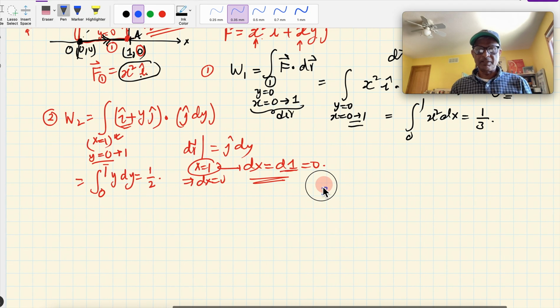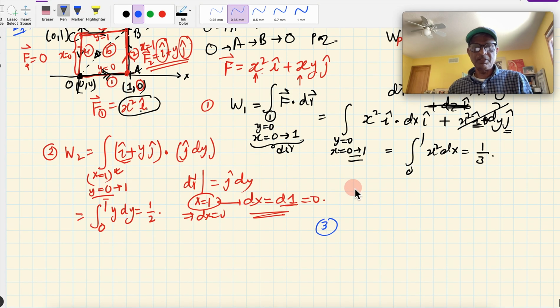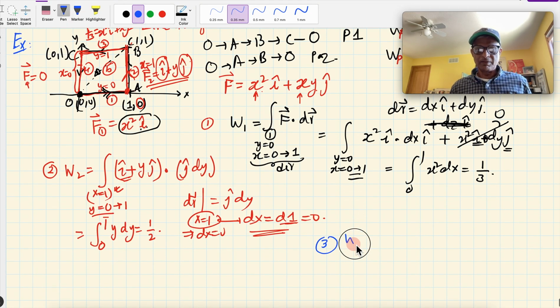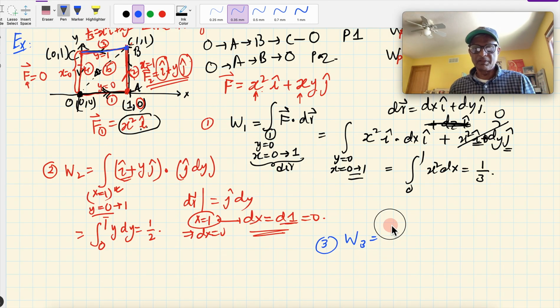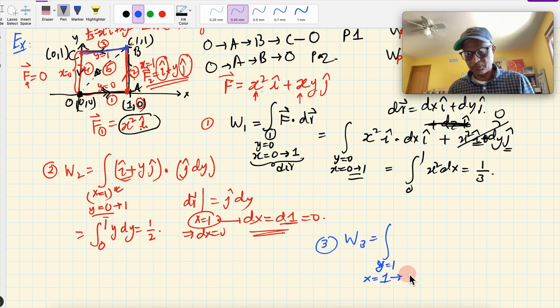So let's do number 3. W3 is this path, which is y equals 1, and x goes from now 1 to 0. So this is path direction from 1 to 0.